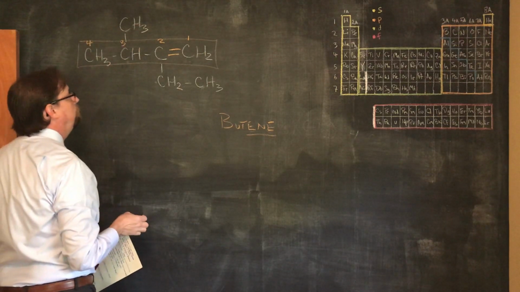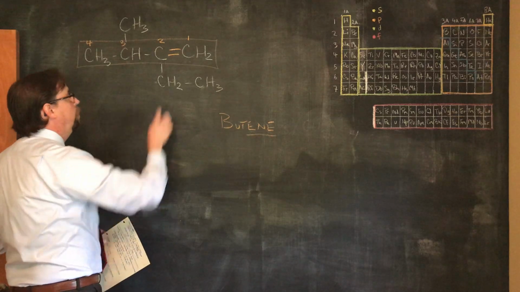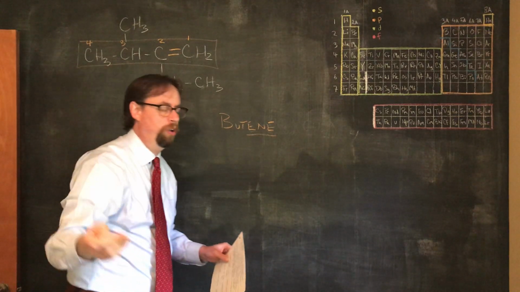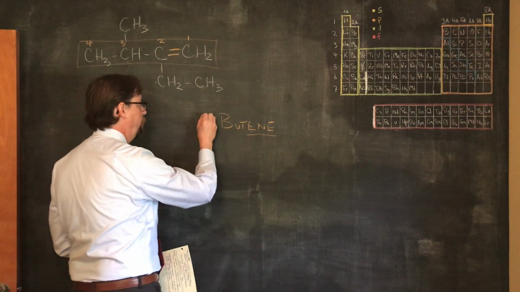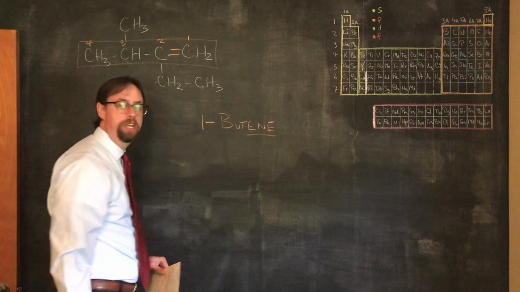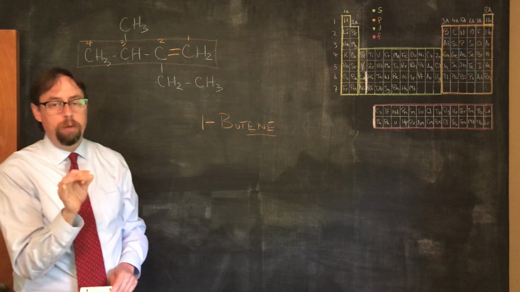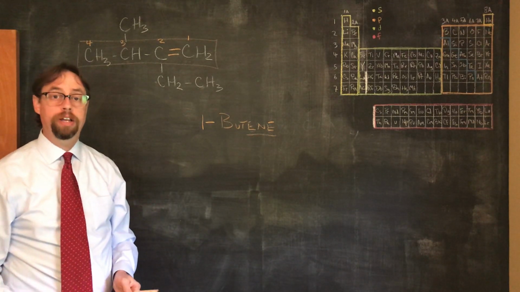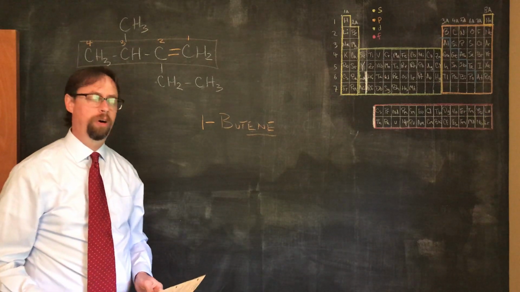The double bond is off the first carbon. It's between the first and the second, but I always consider it's off the lowest number carbon. So it's just going to be a 1-butene. That number right before the butene tells me where that double bond is.